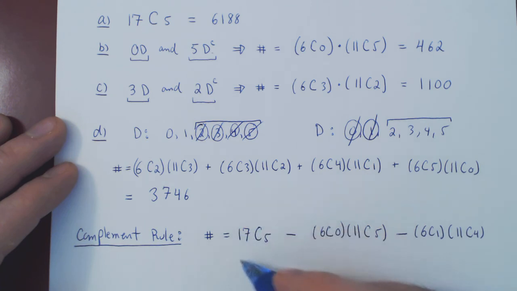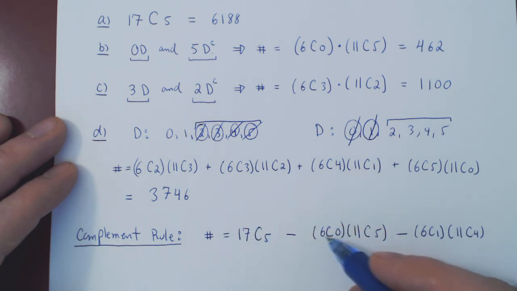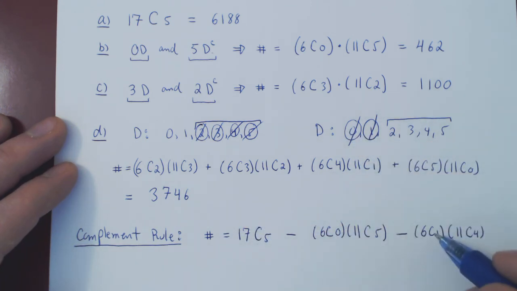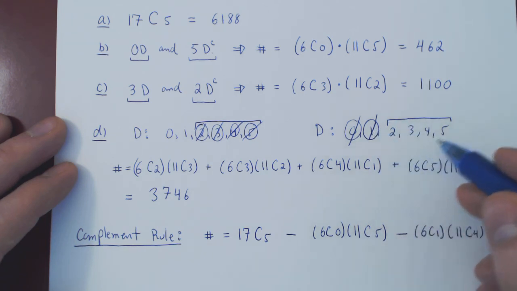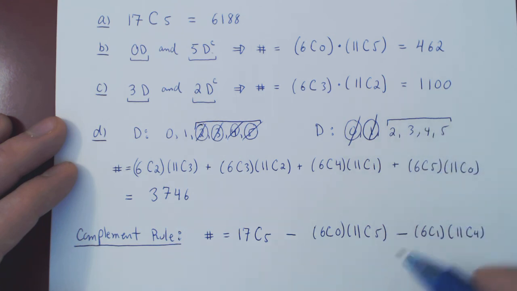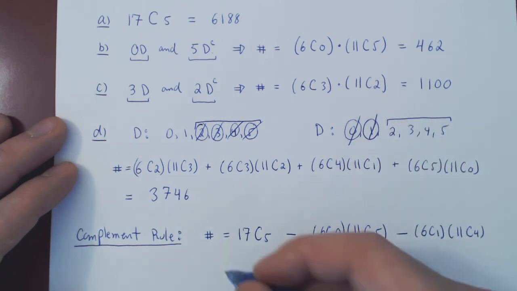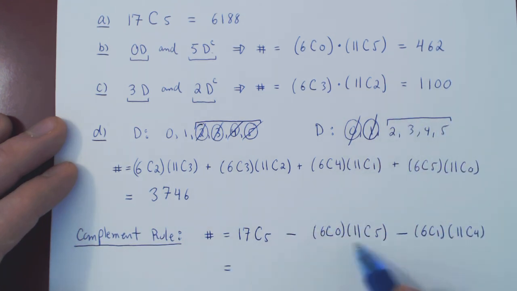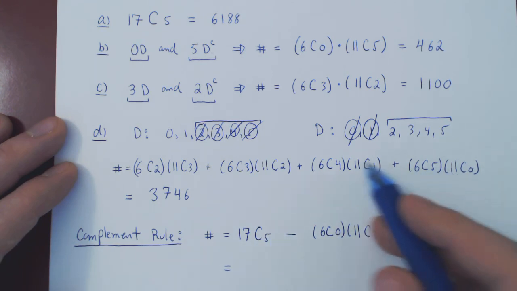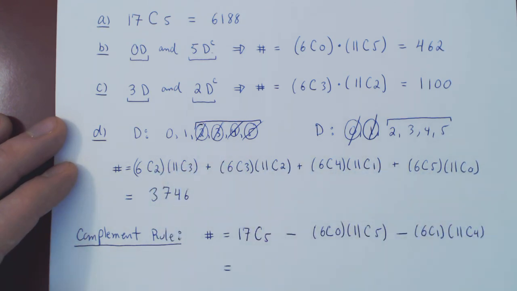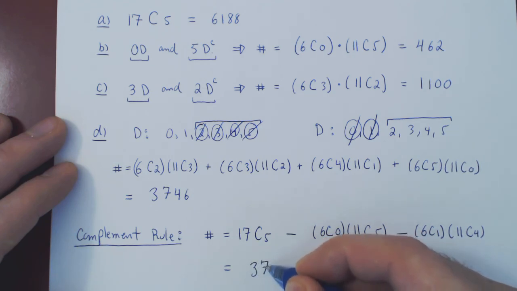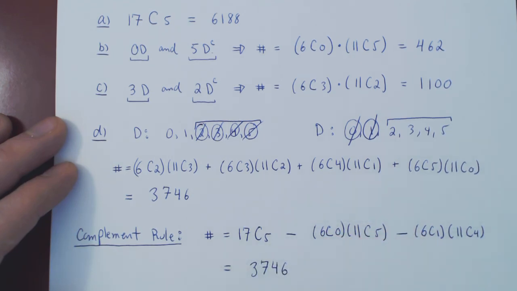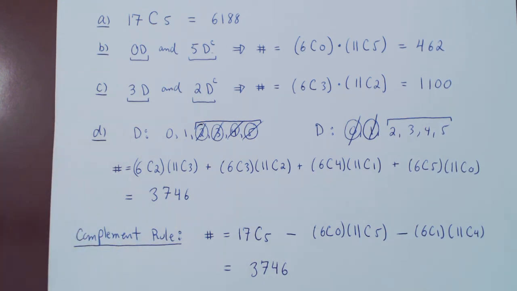We've added every possible selection and removed the cases where we had no defective watch and 1 defective watch, and so that leaves us with the cases where 2 or more watches are defective, which is the event of interest. And if you calculate this on your calculator, which is basically half the work of the original solution, you will arrive at the exact same answer, 3,746 different ways of selecting at least 2 defective watches. And that's it.